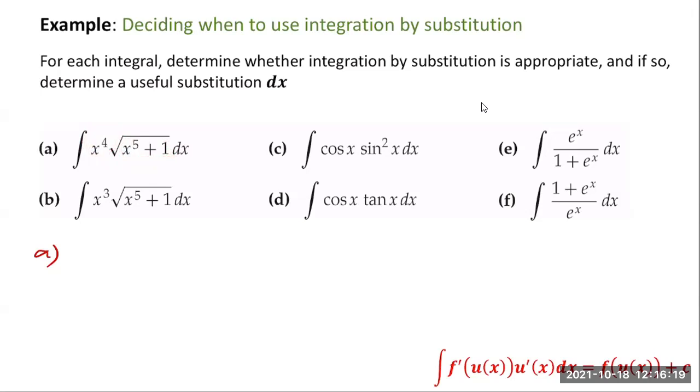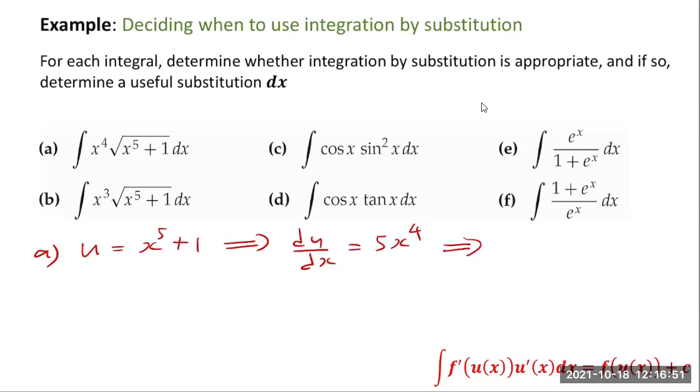In this case, if you take u of x to be this function, as you can see, the derivative of that function u of x would be a constant multiple of this function. So we are good to go with the U substitution. I'm going to take u is equal to x to the power of 5 plus 1. Then immediately this will give me du over dx is equal to 5 times x to the power 4.